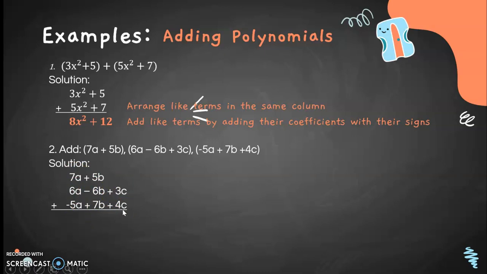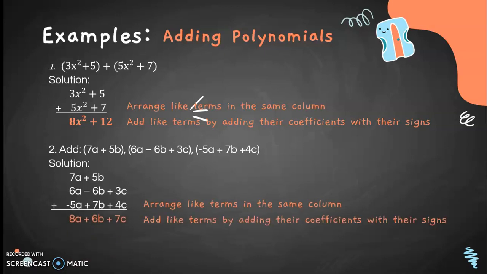Now, what do we do? We arranged the like terms in the same column. For our answer, we add like terms by adding their coefficients with their signs. Same sign, 7 and 6, so 13. Positive 13 minus 5.